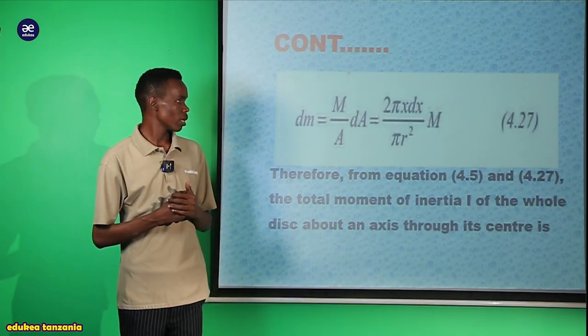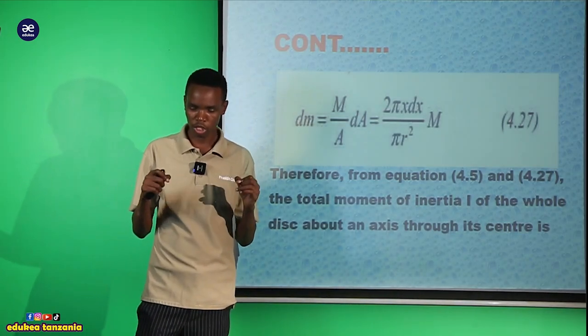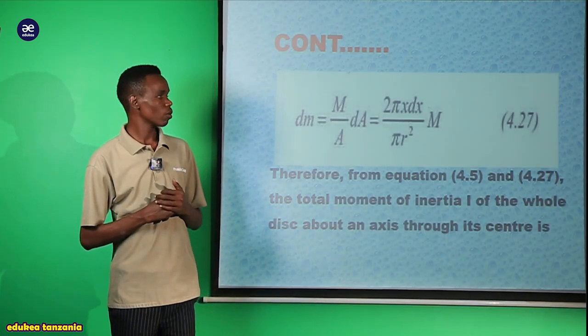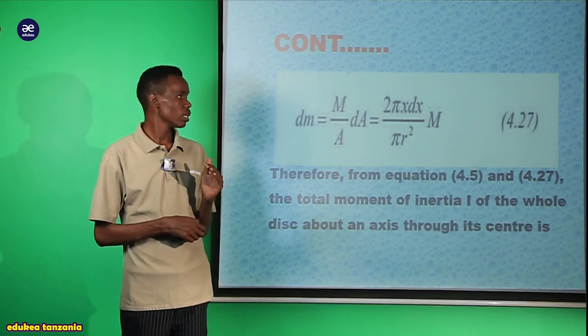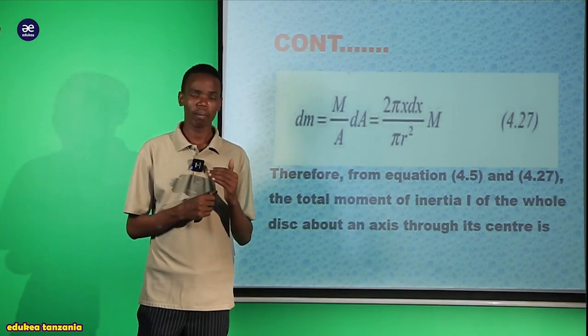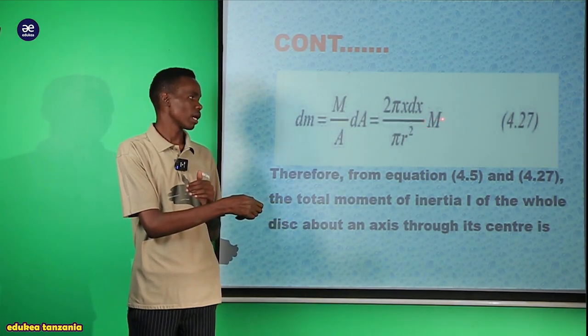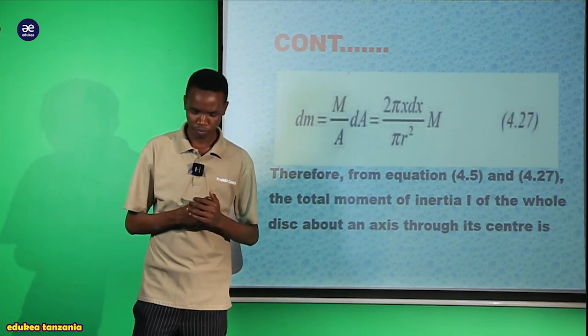But the formula to obtain dA, we differentiate for the small change of the area, and we obtain that this dm must be equal to 2 pi x dx divided by pi r square multiplied by m. This should be the equation number 27 here.